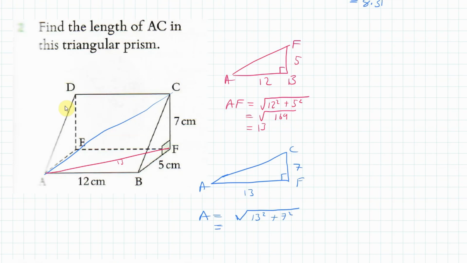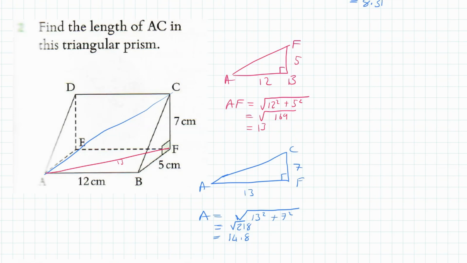And so, what do we get there? We're looking at the square root of 218. And that gives us 14.8 to 3 significant figures.